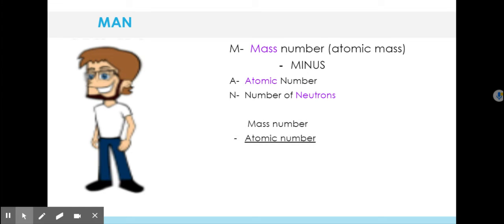So mass number minus atomic number equals the number of neutrons. Remember, it's not always the same. There are not always the same number of protons and neutrons.